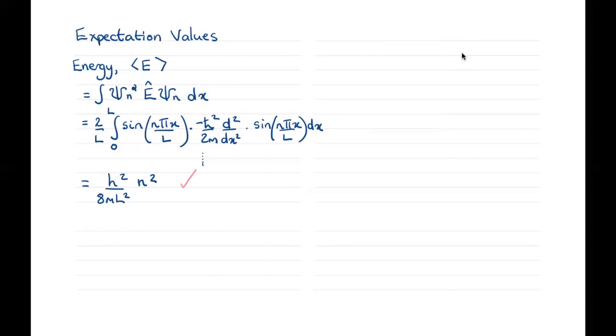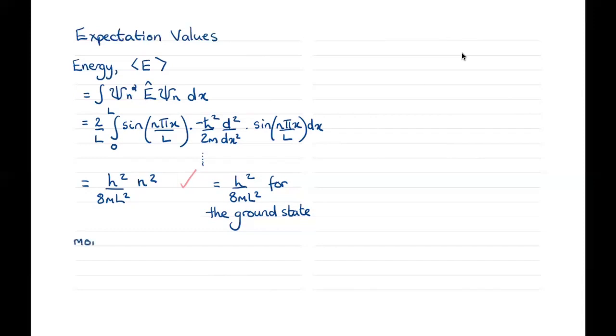For the case where n is equal to 1, it's h squared over 8mL squared for the ground state. So this calculation, in a sense, didn't need doing. Once we've solved the Schrodinger equation and we've obtained the wave functions that are solutions to the Schrodinger equation, then the expectation values of the energies of those wave functions are the energies we obtained from solving the Schrodinger equation.